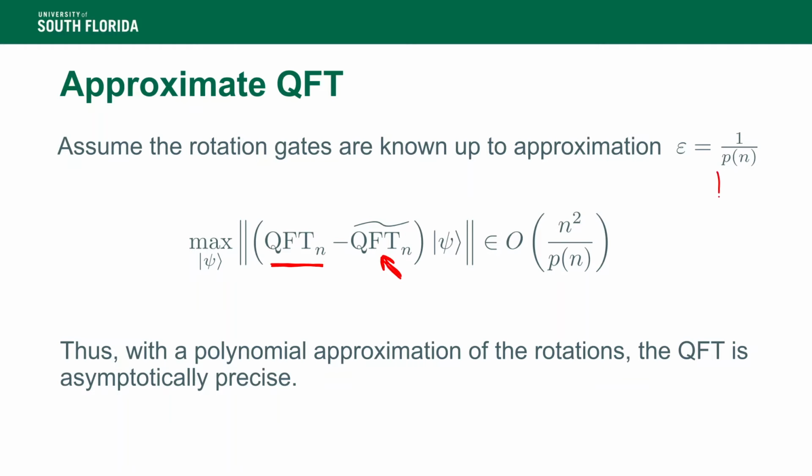But it turns out that if we have this approximation factor epsilon equal to 1 over a polynomial in n, then the distance is going to be n squared divided by that polynomial of n. So, for example, if you get a polynomial of degree 3, then this thing is going to go to 0 very rapidly, and you will effectively observe very little difference in the probability of success.